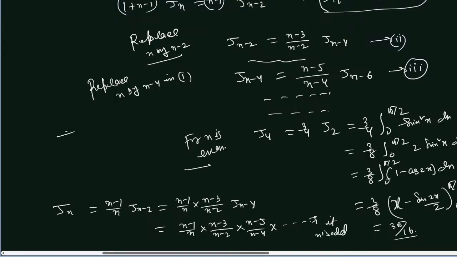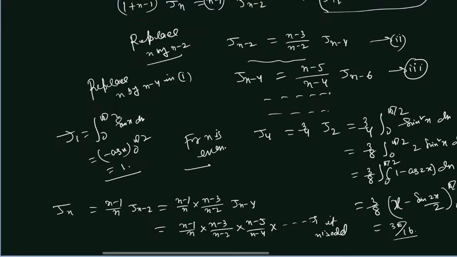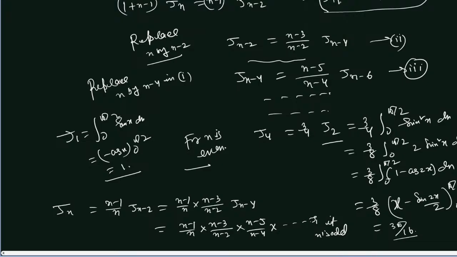J1 means just the integral from 0 to pi by 2 of sin x dx. You started with sine, so this is minus cos x, 0 to pi by 2. So the value will be 1. Okay. So for odd it will stop here, for even it will stop at J2.